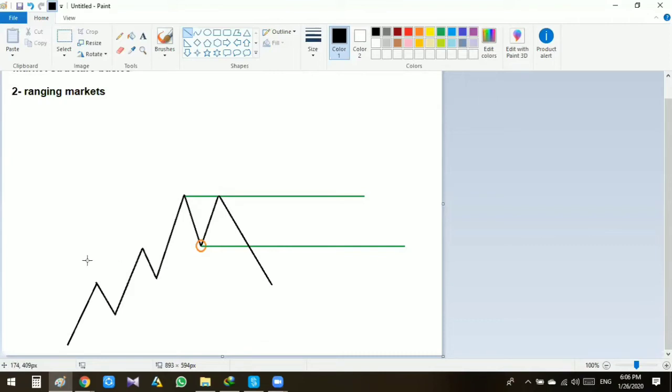I don't like head and shoulders. I don't like cup and handles, because those structural patterns are not respecting market structure rules. But this one is a good one, because if price breaks the last lower high or the last higher low, then we can expect price reversing.